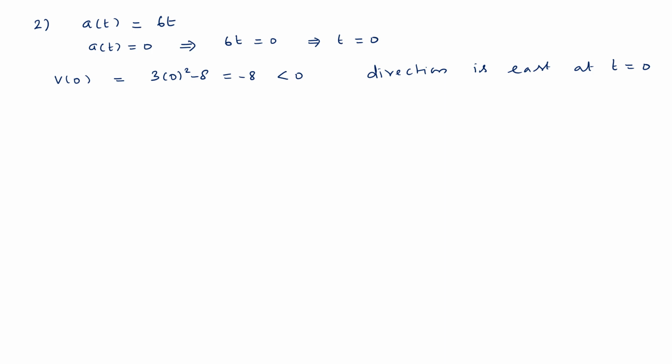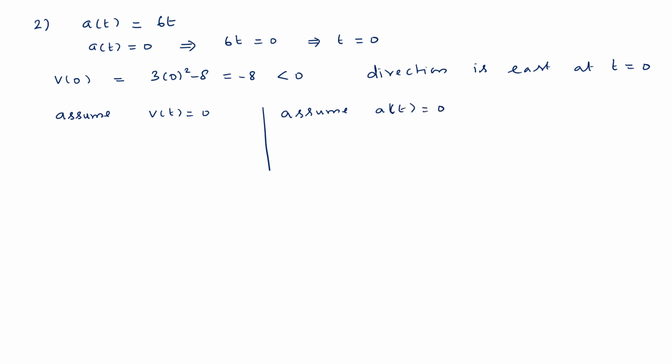Determine the time intervals when the train is slowing down or speeding up. So in this case we have to assume v of t equal to 0 and assume a of t equal to 0.